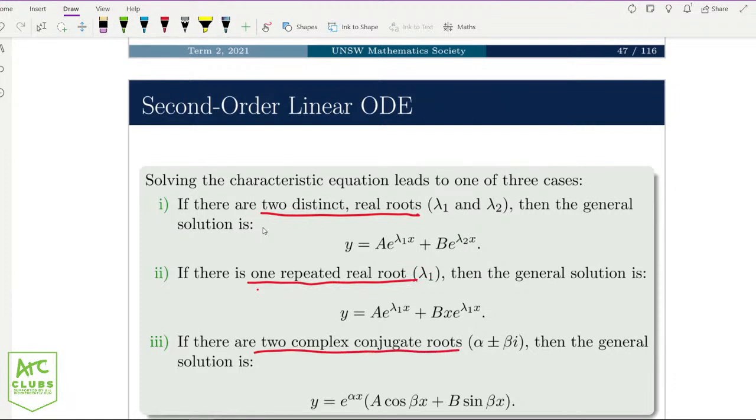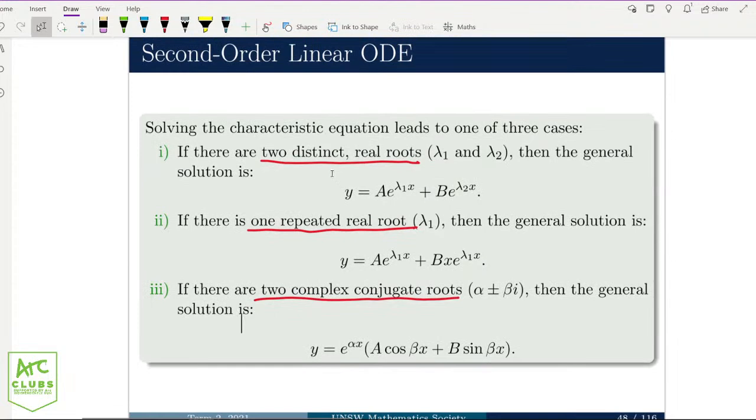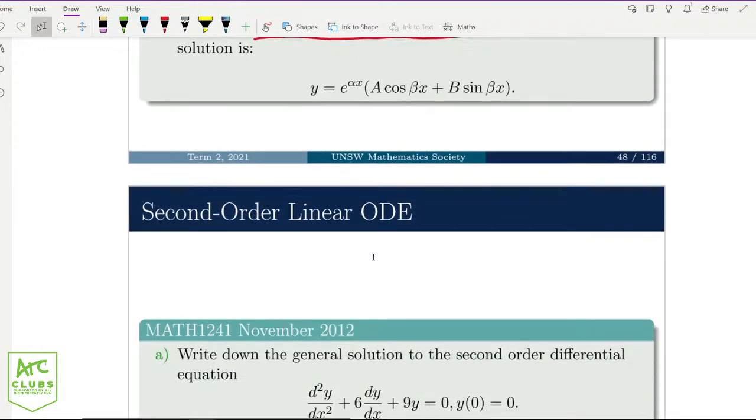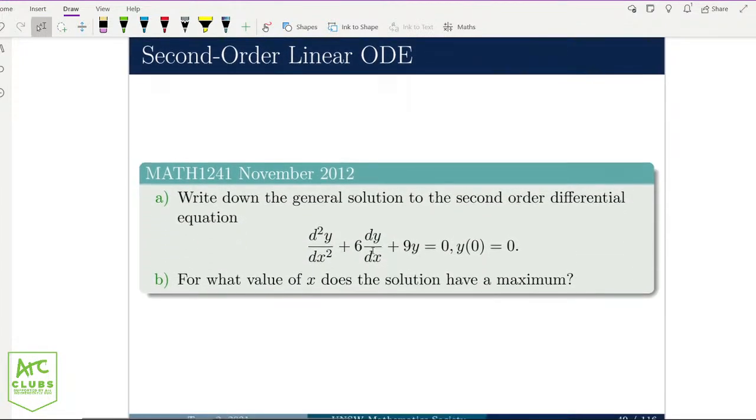So those are the only three possible cases for our quadratic. We have a distinct form of general solution for all three cases, which we've written up here. And let's see how we can apply this through an example.